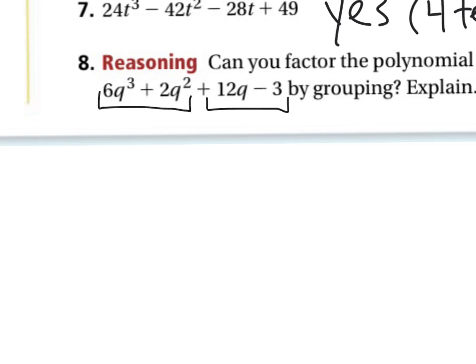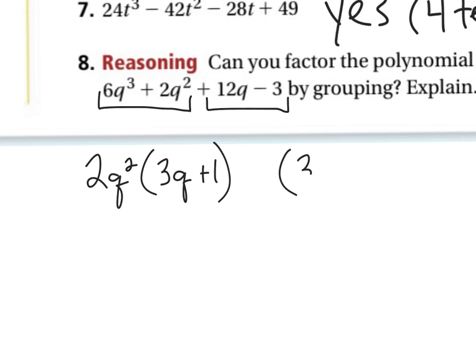So we're going to pair these up. In the first set, we have a 2q squared in common, and that leaves us with 3q plus 1. So if this is going to work, we also need a 3q plus 1 over here.